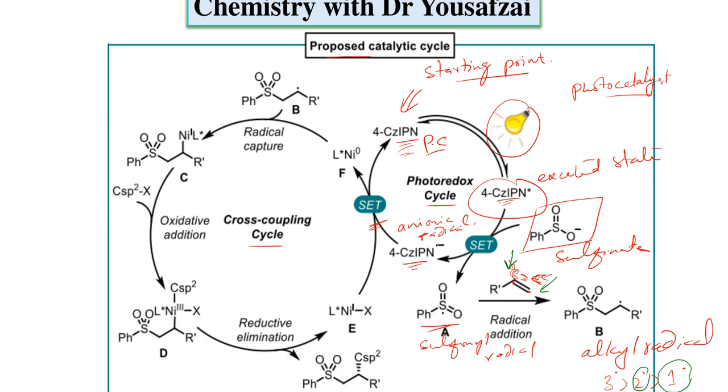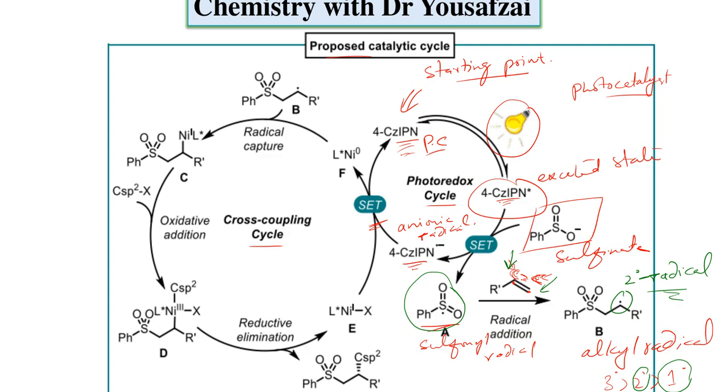So this stability of the alkyl radical will decide to which carbon this sulfonyl radical will be added. So this sulfonyl radical will be added to the terminal carbon of the carbon-carbon double bond. As a result, this type of secondary radical will be produced, which is the reactive intermediate for this photocatalytic cycle. Now in the next step, what will happen?